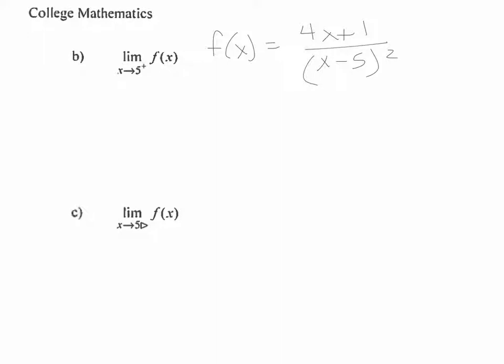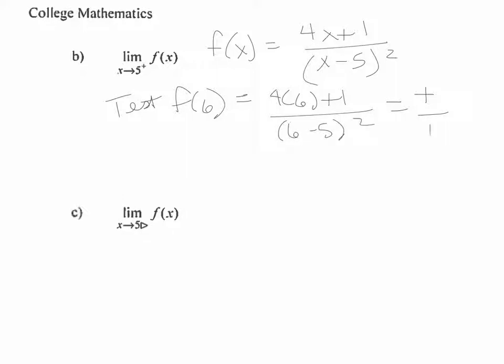If I plug in some number to the right of 5, maybe like 6, what are you getting back for signs? Got a positive on top over positive on bottom. So that means the limit of this function as x approaches 5 from the right is what?